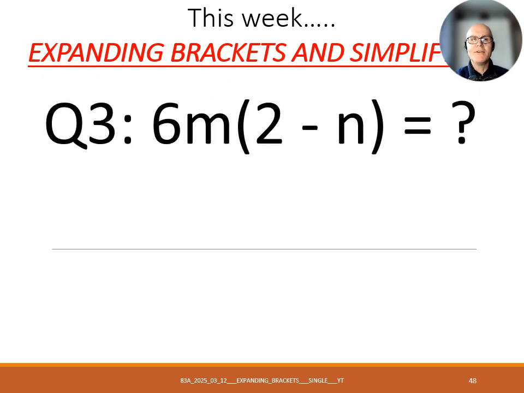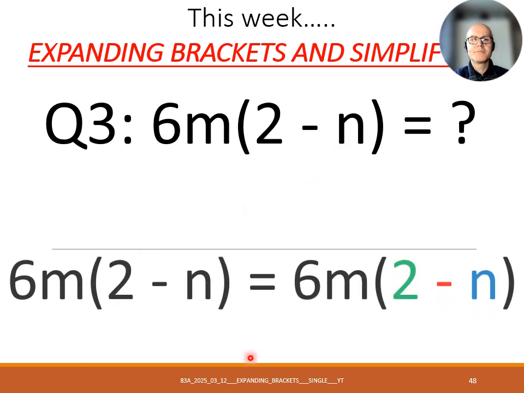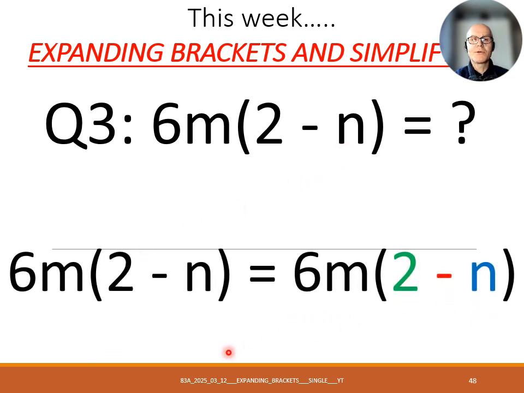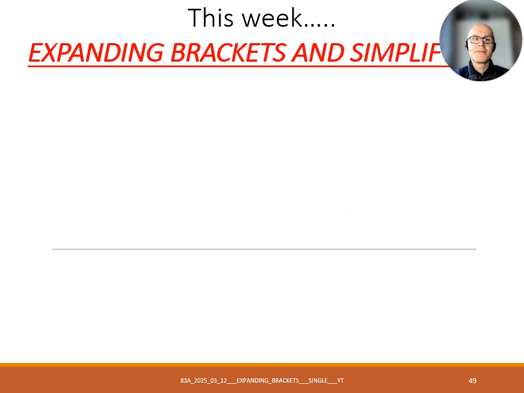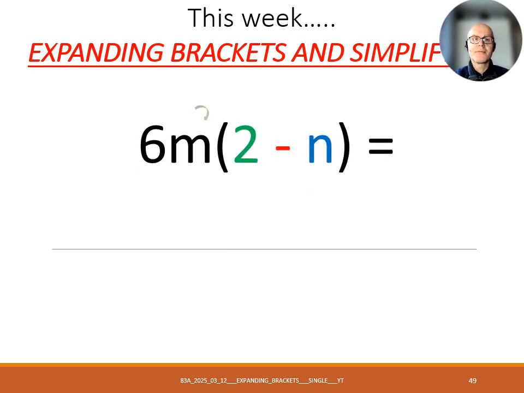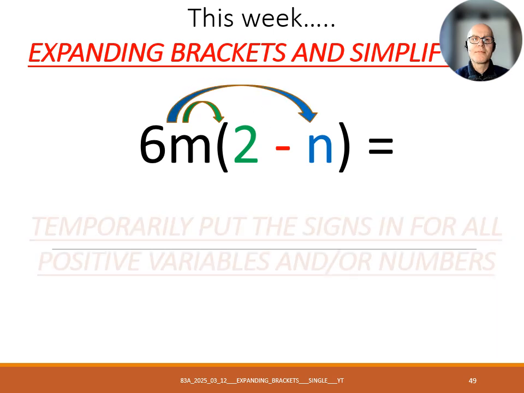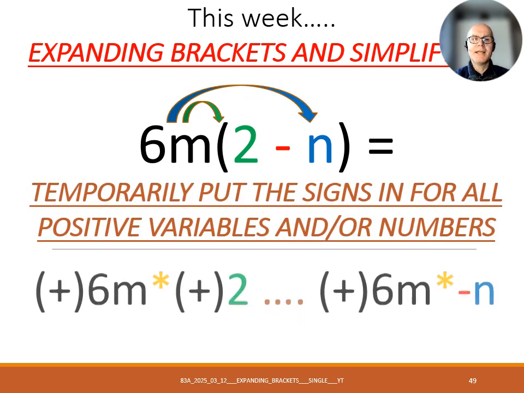Question 3. 6m open brackets 2 subtract n. Colour code it up. First step is going to be 6m times the 2, then 6m times n. Put the positive signs back in.